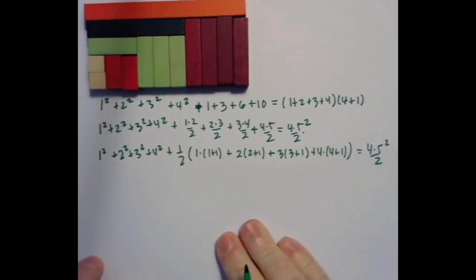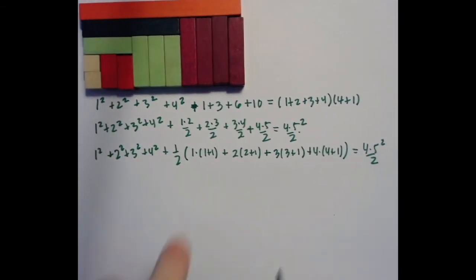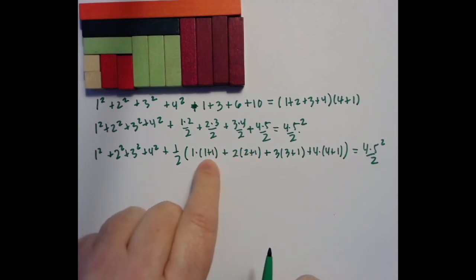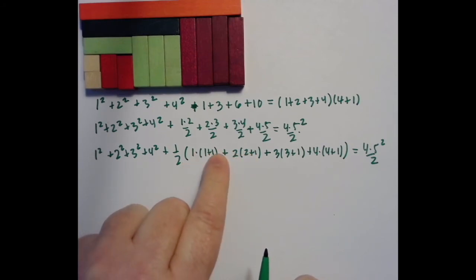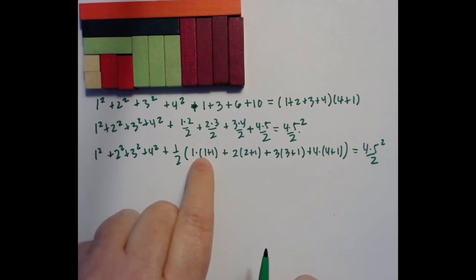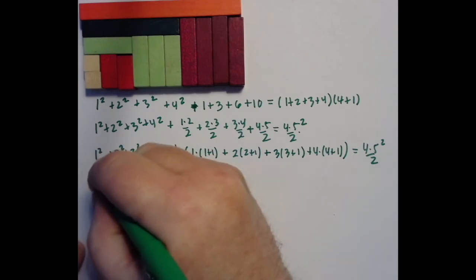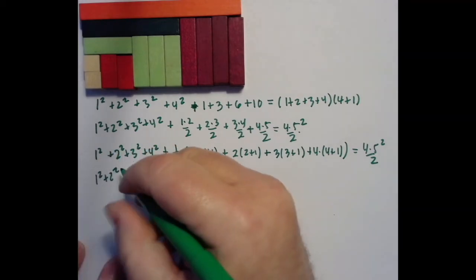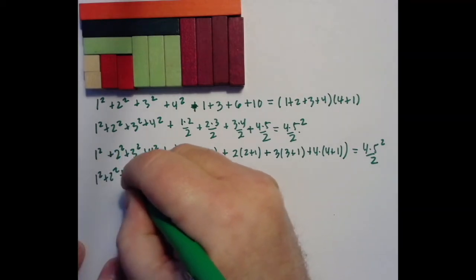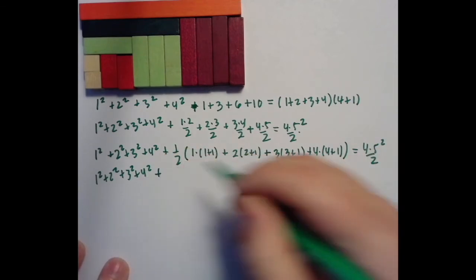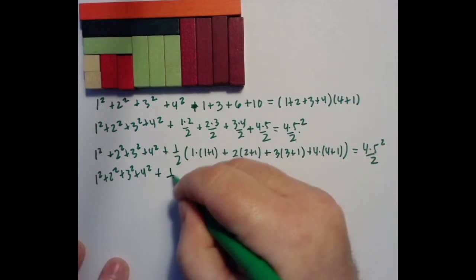Now why did I do that? Well, I did that because when I multiply these through in a different way, I get 1 squared plus 1. So I'm going to keep this the same over here. And on this side I'm going to leave the 1 half.